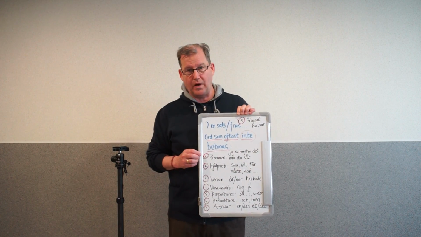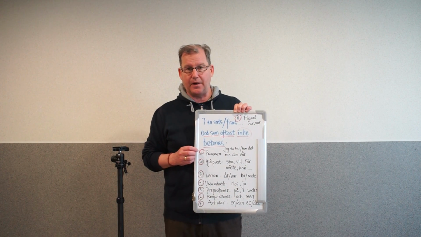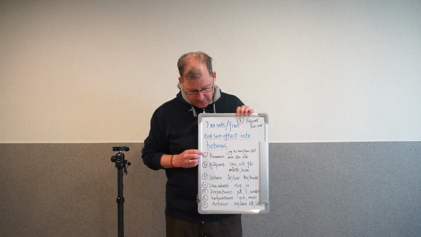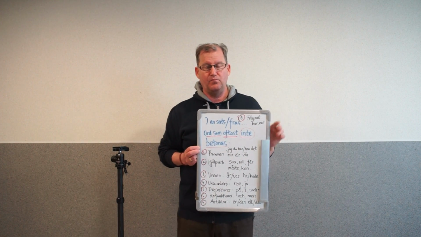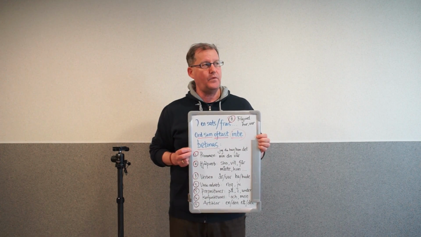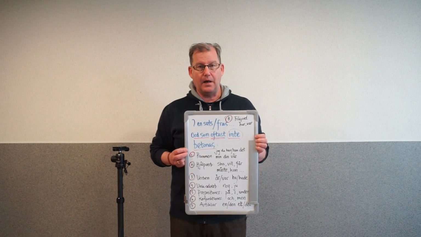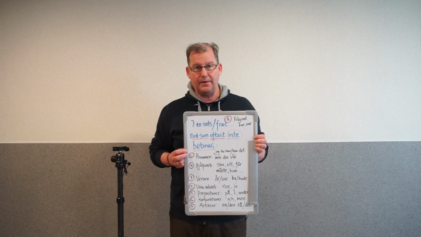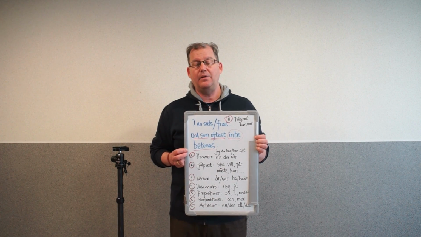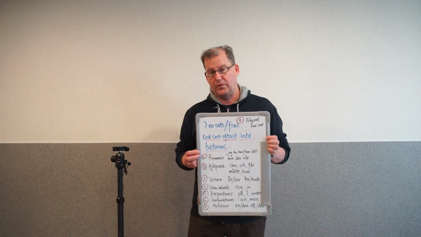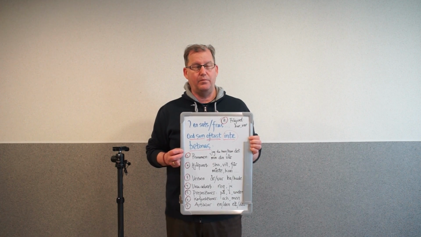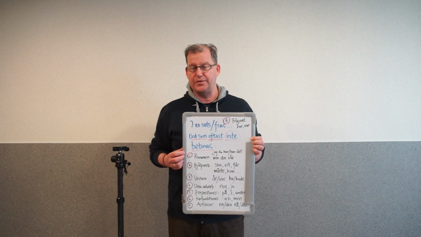And category 1 is, första gruppen, det är pronomen. Pronomen. Så ord som jag, du, han, hon, den, det, vi, ni, dom. Those are pronouns. But remember, there are other pronouns.